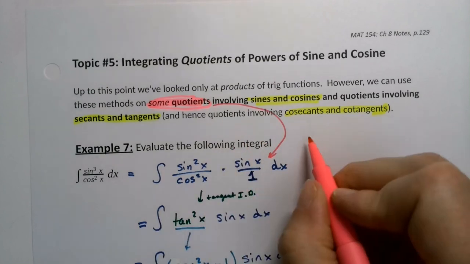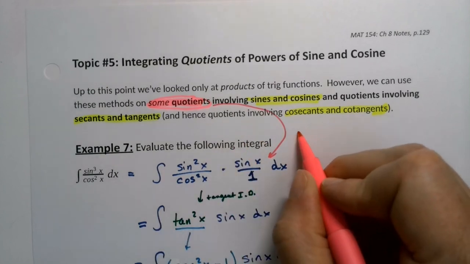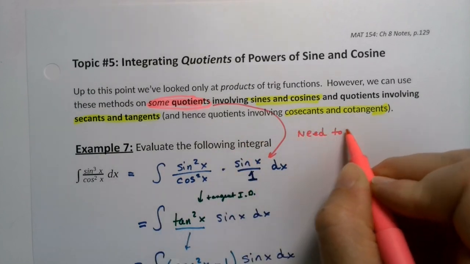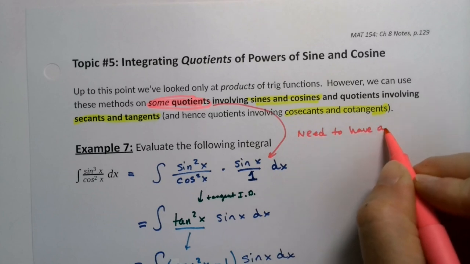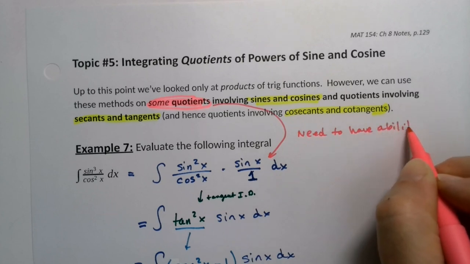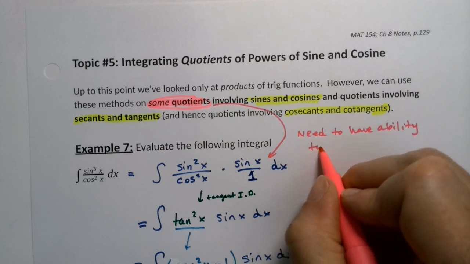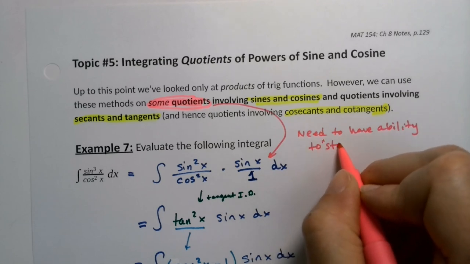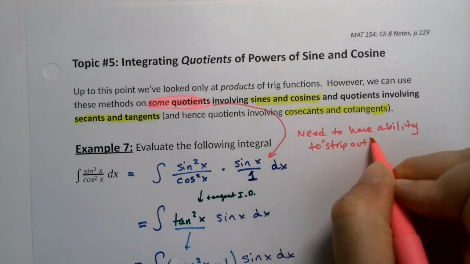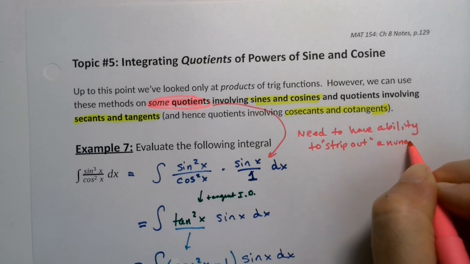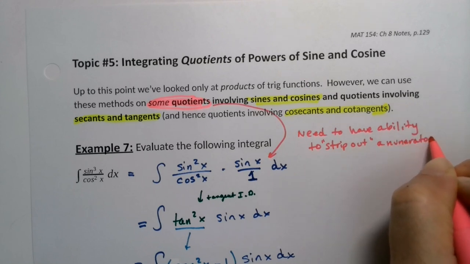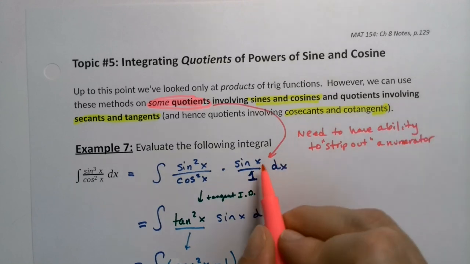So "some quotients" means that we need to have the ability to strip out, or factor out, a numerator value. Like in this case, we stripped out an extra sine.